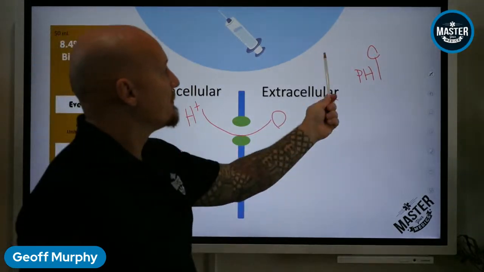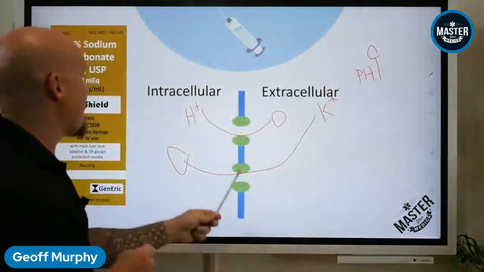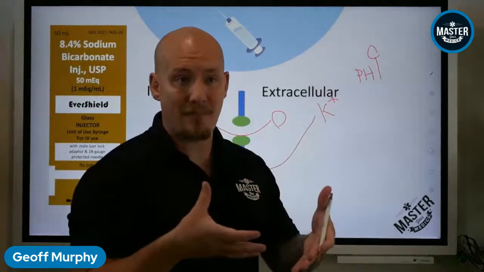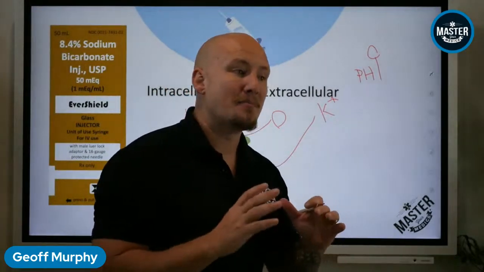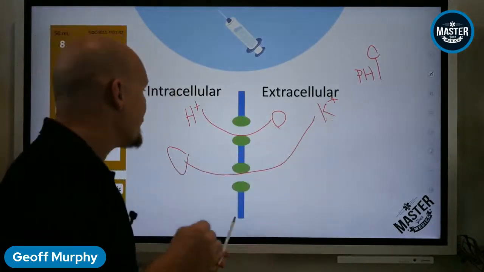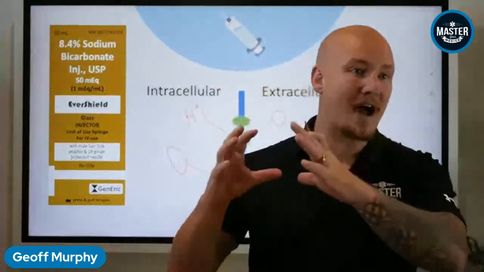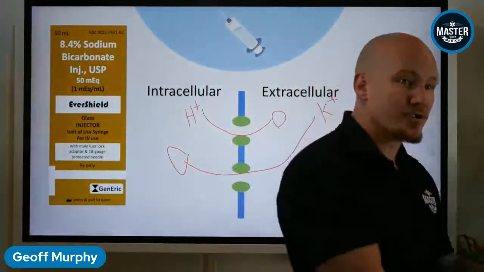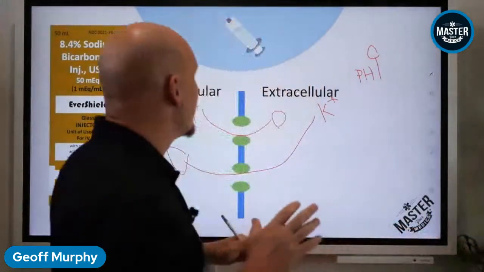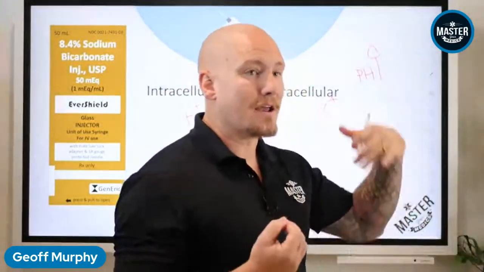So by manipulating the pH higher in an alkalotic environment, it promotes the hydrogen that's inside the cells to come out here and buffer it and try and normalize that pH. And by trying to open up these cells or these gates, potassium shifts in. So again, bicarb indirectly helps hide potassium from the extracellular to the intracellular areas. Again, only hiding it. So that's another medication that's used to do the same thing that albuterol did, but in a more indirect way.